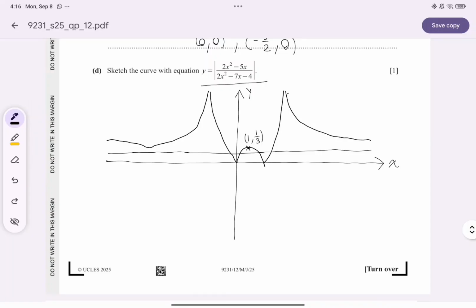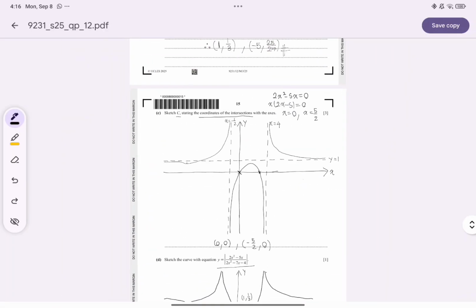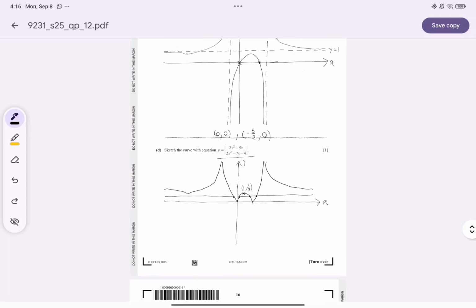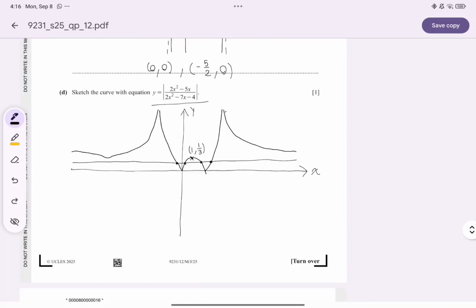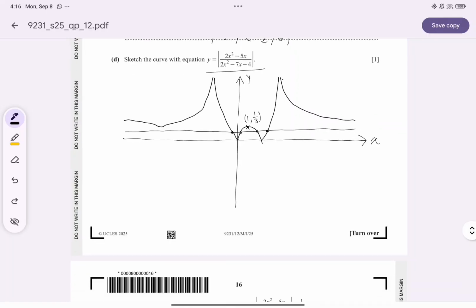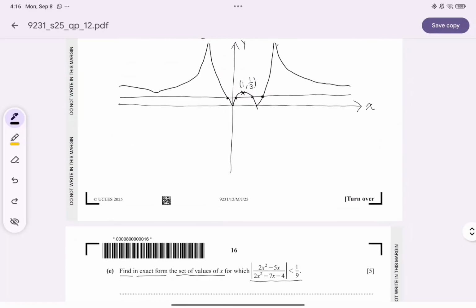So these are the critical points that we have to find. And let's see if it passes through the stationary point. No, it doesn't. So these are the 4 points that we have to find.